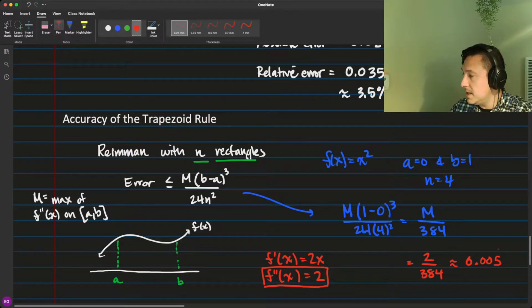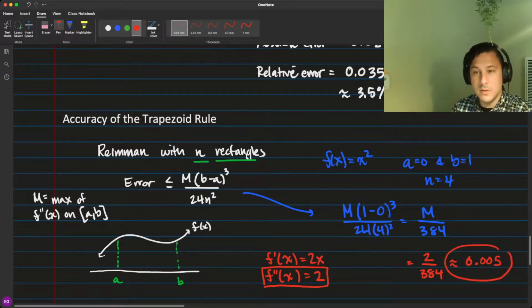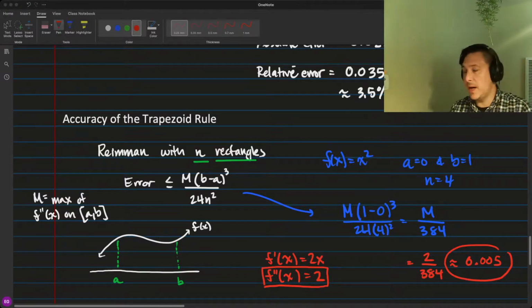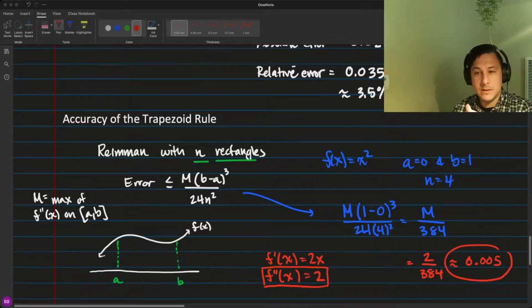Okay, so what that means is that if you were to calculate the area under the curve of x squared between 0 and 1 with 4 rectangles, that's the most that your Riemann sum might be off by.